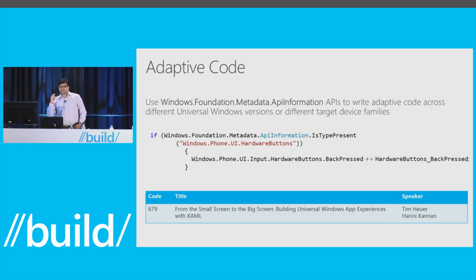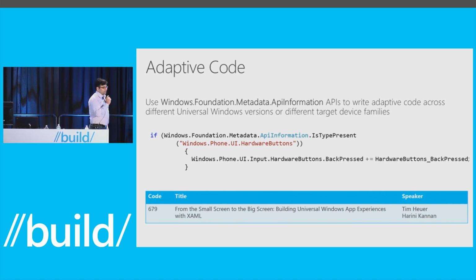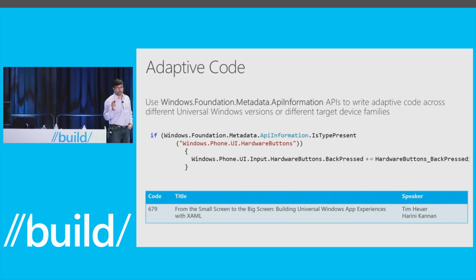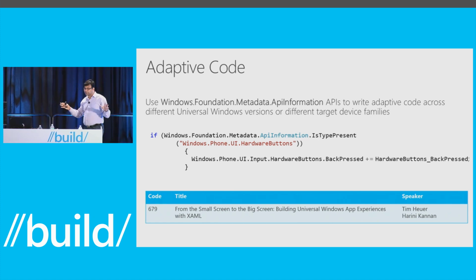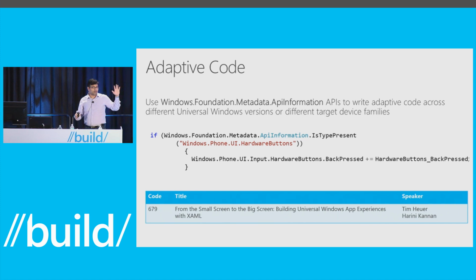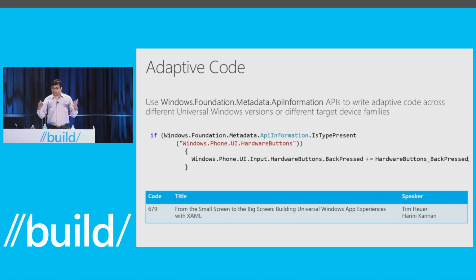I'm not going to talk about adaptive UI, but the XAML team has done a lot of cool work to allow you to design the UI of your application based on different form factors. Tim Heuer and Harini are going to do a deep dive on this tomorrow, and they will explain how we should think about all these devices and form factors, and what the different ways in XAML are.